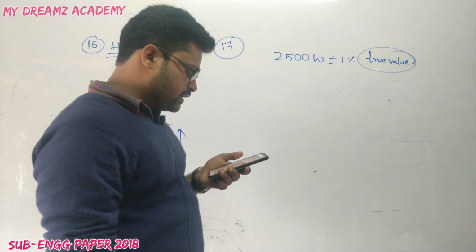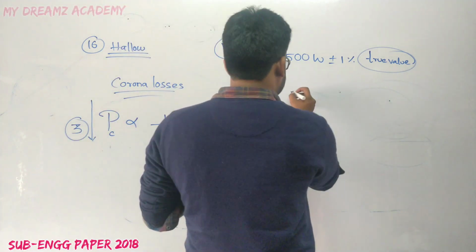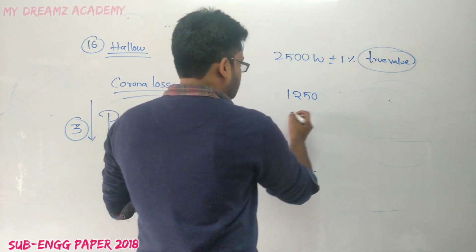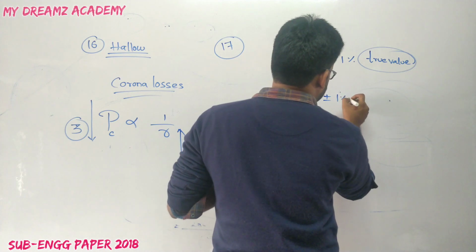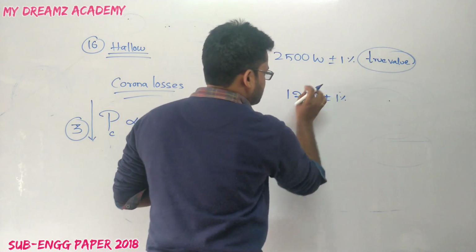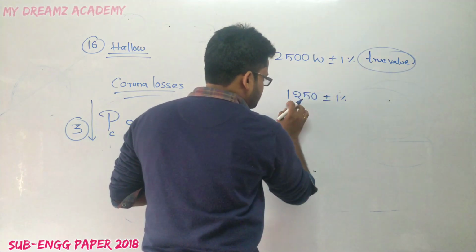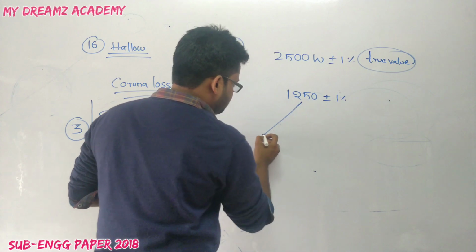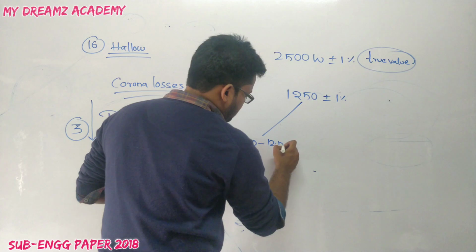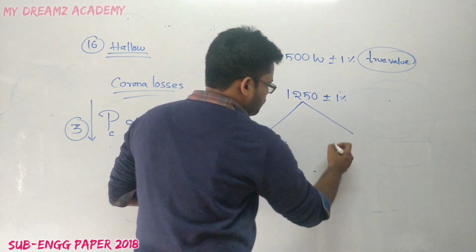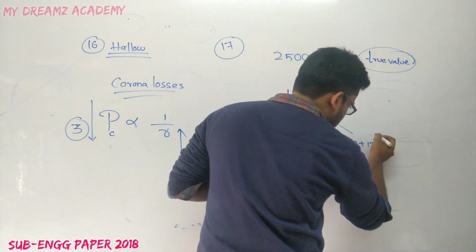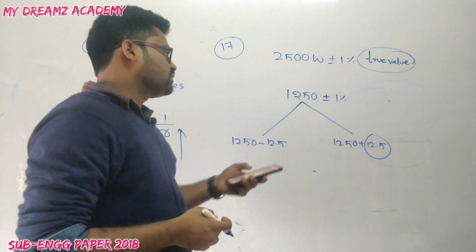So the range of reading, if the true reading is 1250, for this also plus or minus 1% only. So 1% of 1250: 10% is 125, so 1% is 12.50. So the range is 1250 minus 12.5 and 1250 plus 12.5, because the 12.5 is the error of that reading.